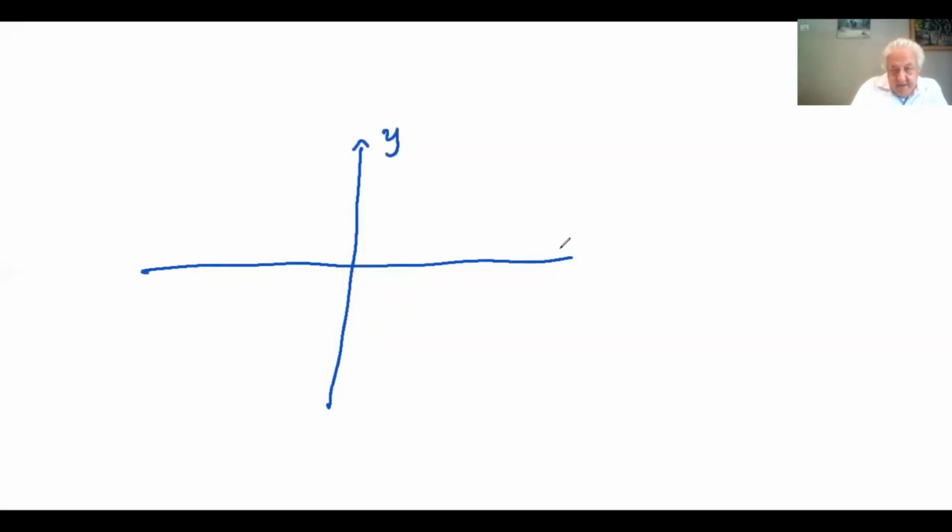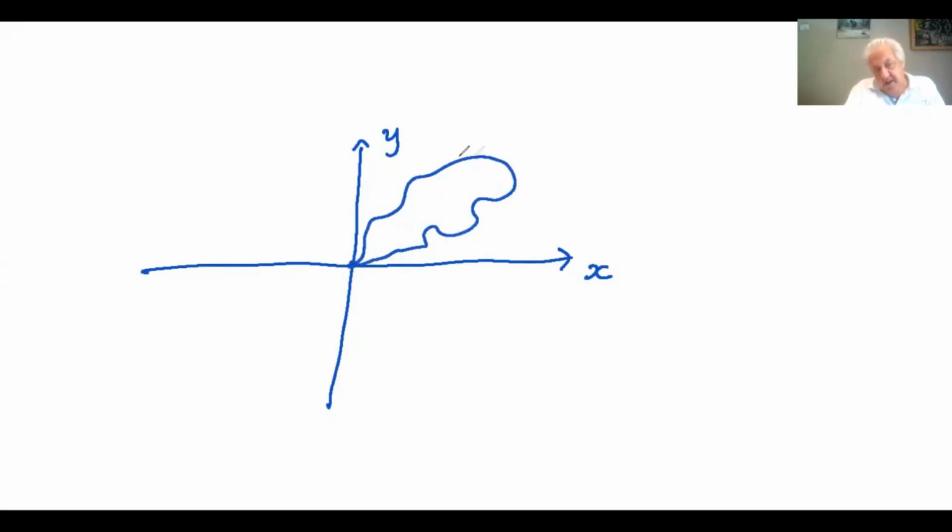Now let me just go to the whiteboard. Maybe if I consider some coordinate axes, it might help to understand the difference between displacement and distance. Supposing we start from the starting point and then we move along some curve.